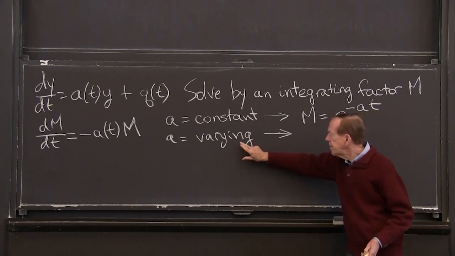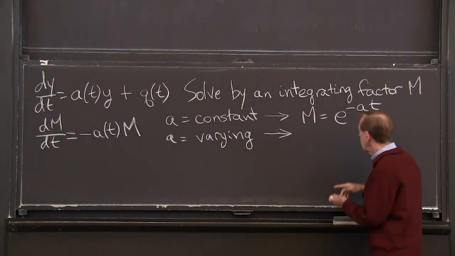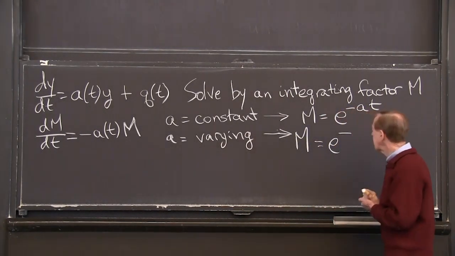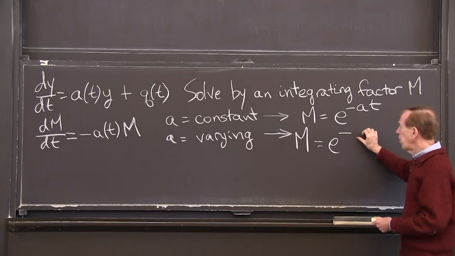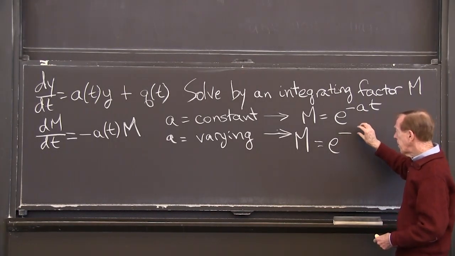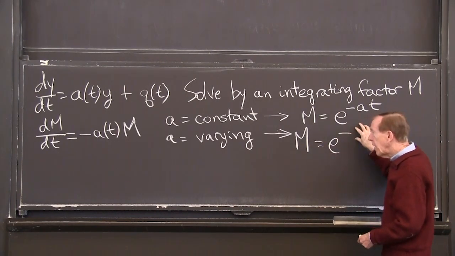In case a is varying, we can still solve this equation. It will still be an exponential of minus something. But what we have to put here, when I take the derivative of m, the derivative of that will come down. So I want the integral of a here.